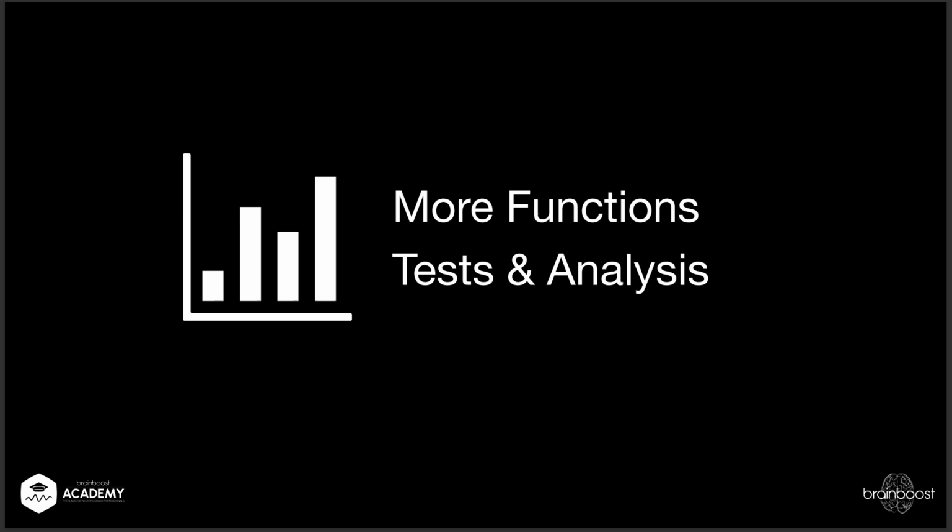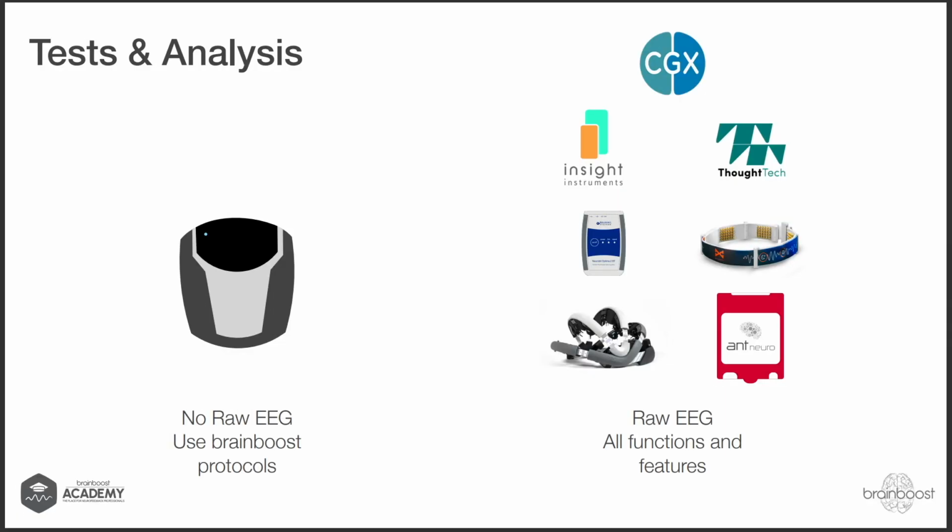Today, the webinar is about more functions, tests, and analysis. And I can tell you up front, there are way more tests and analysis we can show you. But today I picked something that might be very handy for many people. So as always, for test and analysis, with our Nexus Mind Media devices, we don't get a raw EEG. So you need to use our BrainBoost protocols that are scaled 0 to 10.